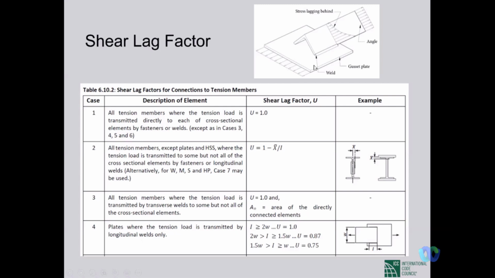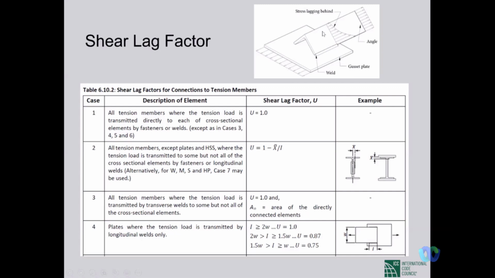And you see the angle at the location of welding is at the bottom. In that case, if the angle is subjected at one end to tensile forces, the distribution of stress in the angle will not be uniform because the angle is connected with the plate at the bottom. So the level of stress will be higher because the stress will be transferred at that level, and at the top edge of the angle, there will be little stress because that is almost free.